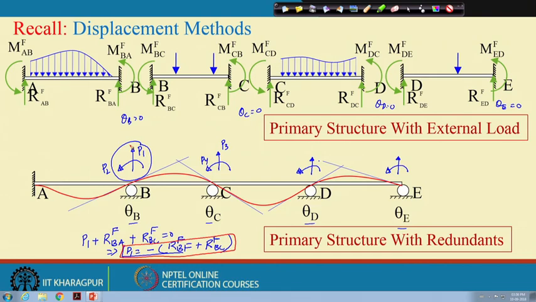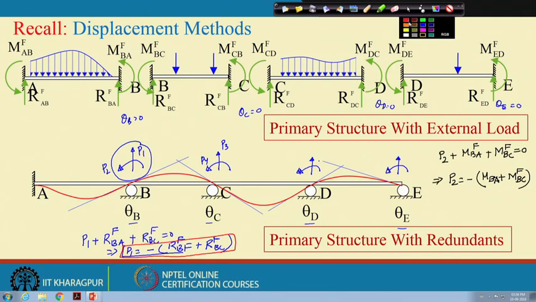Similarly, if you satisfy moment equilibrium, then the moment equilibrium will be P2 plus, then we have anticlockwise moment M_BAF plus M_BCF, that is equal to 0, and this gives you P2 is equal to minus (M_BAF plus M_BCF). So, this is the equivalent joint moment at 2.